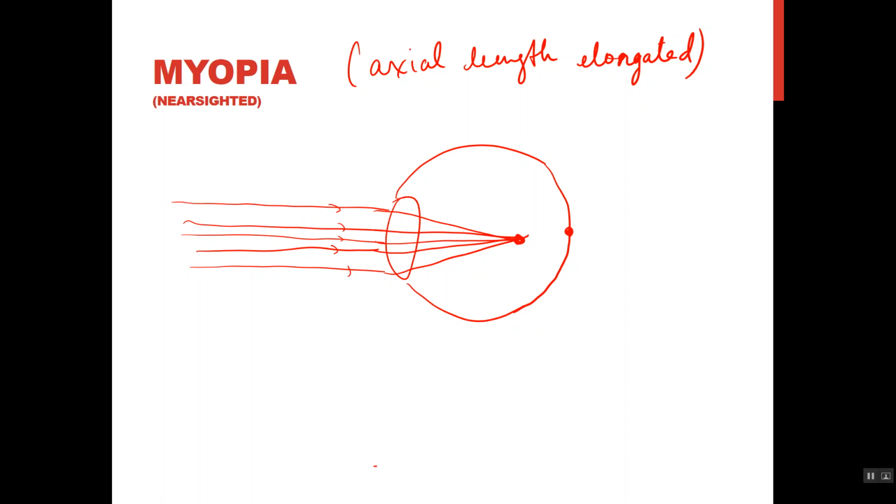And therefore, you're going to get this. So it's going to cross over, and you're going to form an unresolved picture on your retina. So you're going to have blurry vision for far objects.